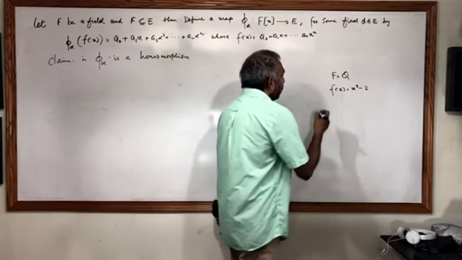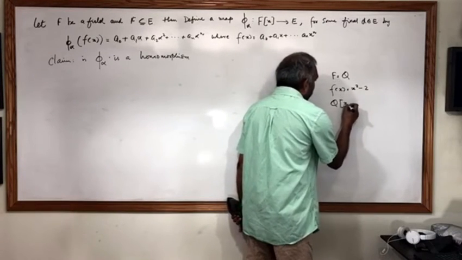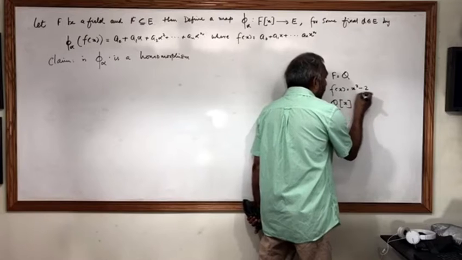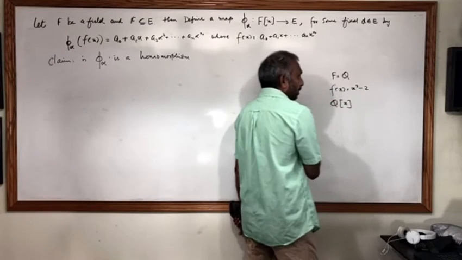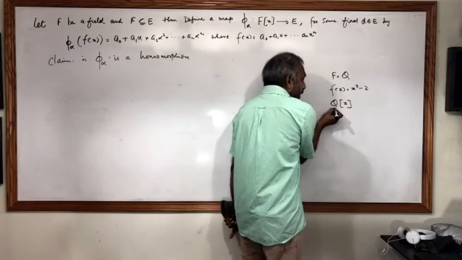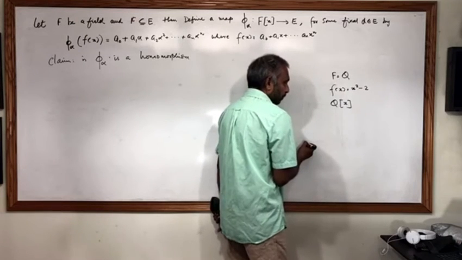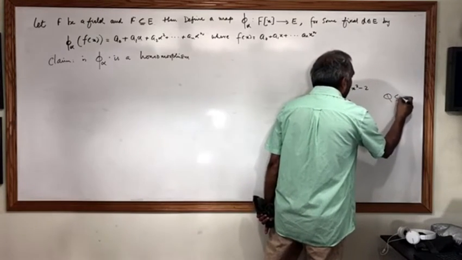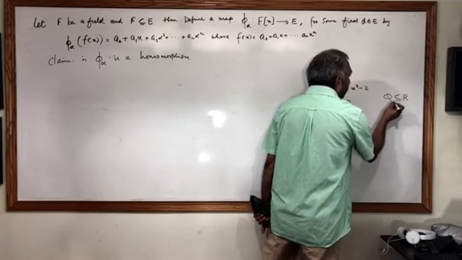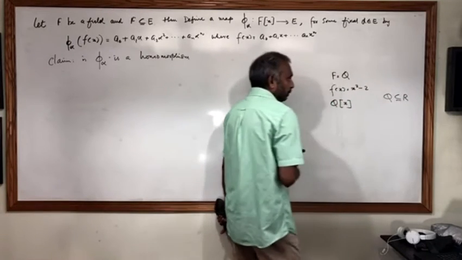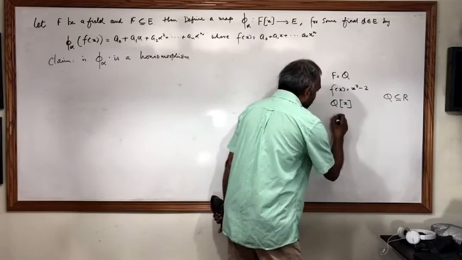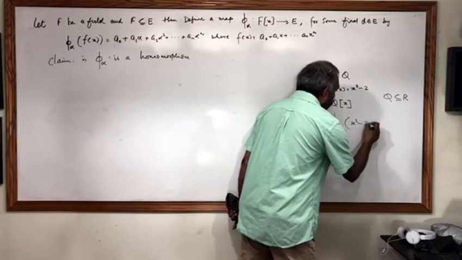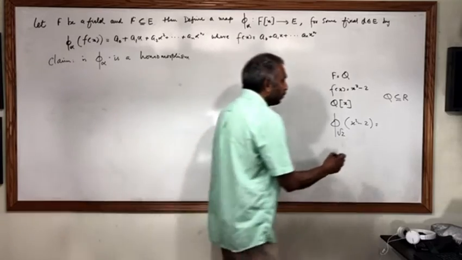So our f of x is actually in Q of x, but if you want to find the solution of this polynomial, the value is not in Q, it is outside Q. Let us take R as an extension of Q, or Q is a subfield of R. So what you are going to say here is phi of root 2 of x square minus 2, and that would be 0.